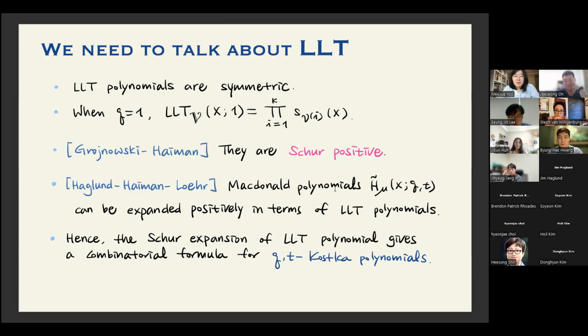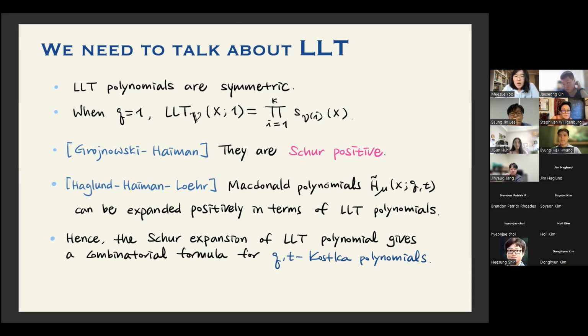But in any case, the reason why we consider this question as an important question is because Haglund, Haiman, and Loehr found the positive expansion of Macdonald polynomials H_mu in terms of LLT polynomials.